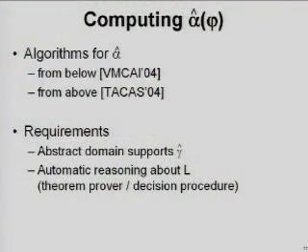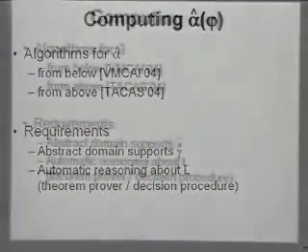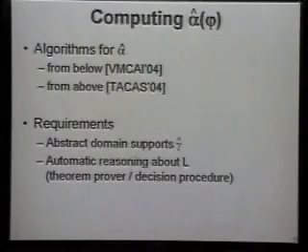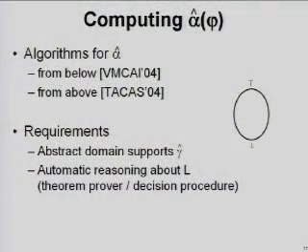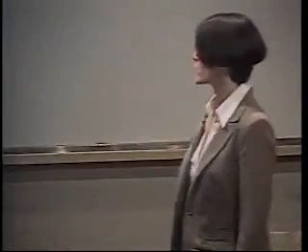Now I'm going to show two algorithms for computing alpha hat which are not naive. If all the calls to the theorem prover that I'm using are conclusive, then the result is the most precise. The first algorithm works from below.